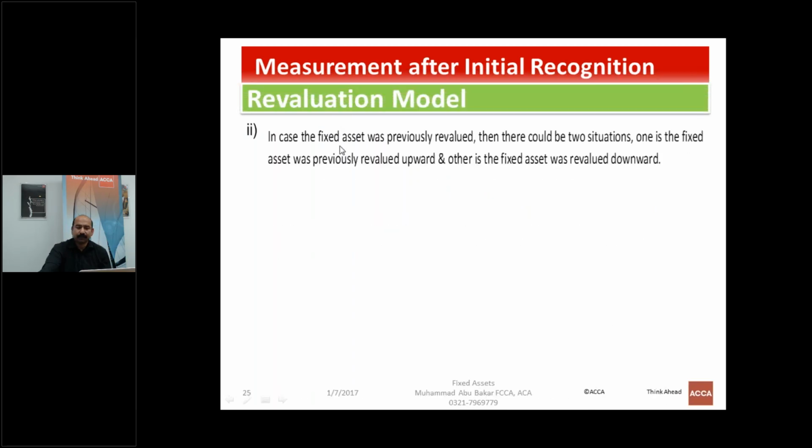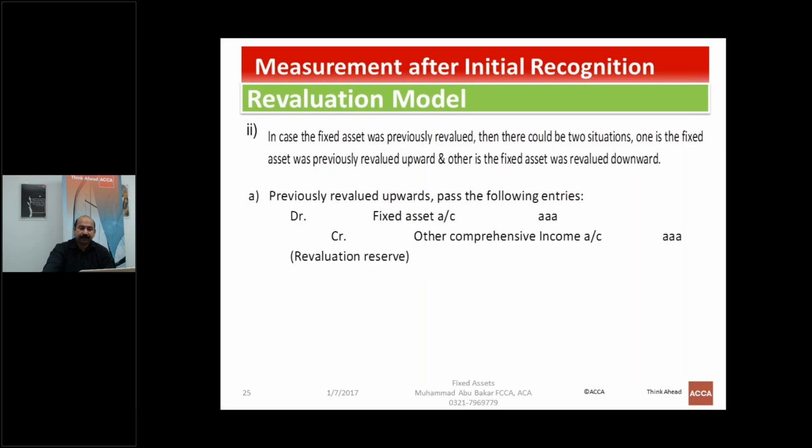In case the fixed asset was previously revalued, there could be two situations. One is the fixed asset was previously revalued upward, and the other is the fixed asset was revalued downward.